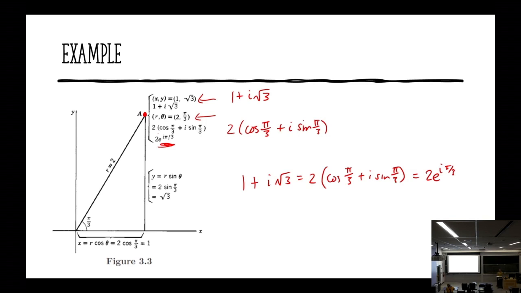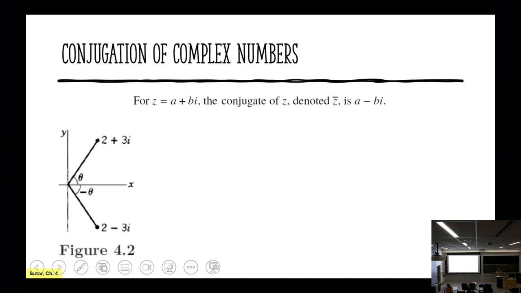So the big thing that we have in complex numbers that we don't have in real numbers is an operation called conjugation. All right, so for a complex number, z equals a plus bi, the conjugate of z, which we usually call z bar, is a minus bi.